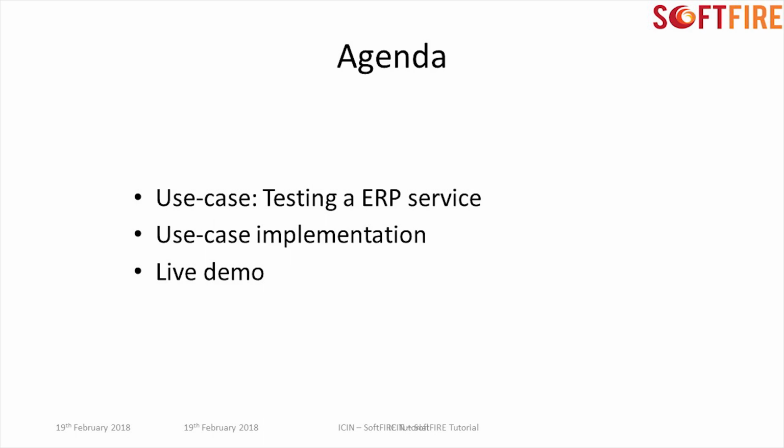That is the case of a company that wants to include a testing phase inside the development process of an ERP service. When we have defined all the key elements that will compose this use case, we will map them on the SoftFIRE experiment. In the end, I will show you a live demo on the SoftFIRE platform.